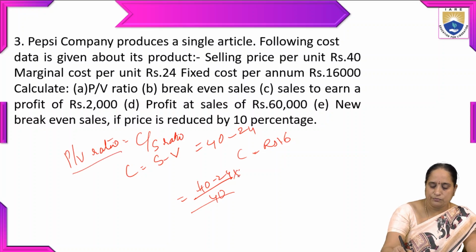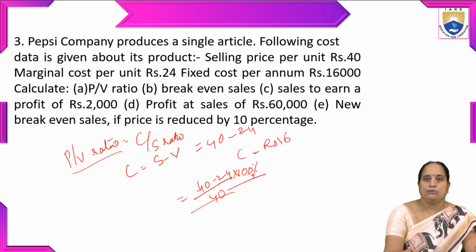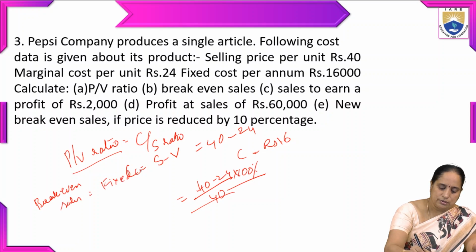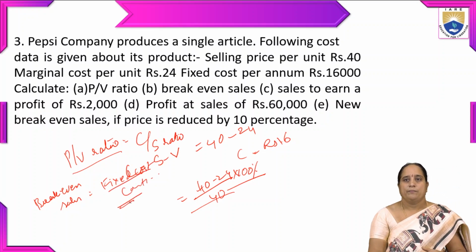We'll get PV ratio if we express it in terms of percentage. Then calculate break-even sales. Break-even sales can be calculated by fixed cost divided by contribution per unit. Then we'll get break-even sales.